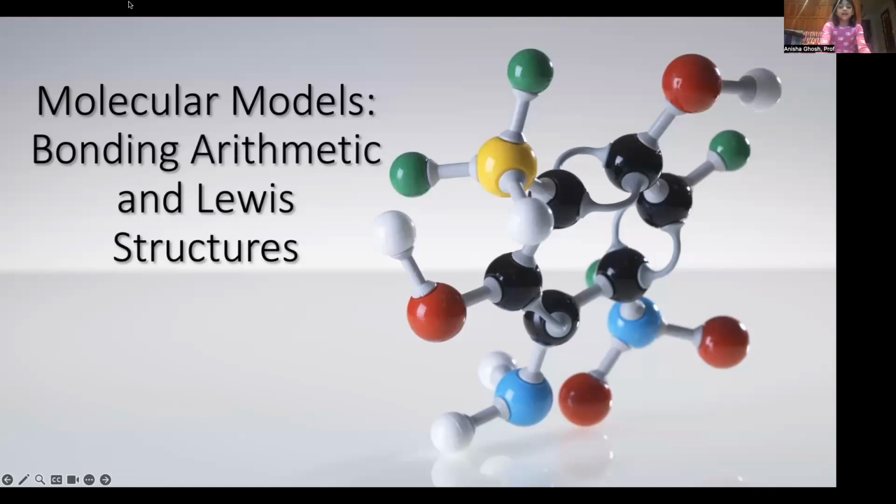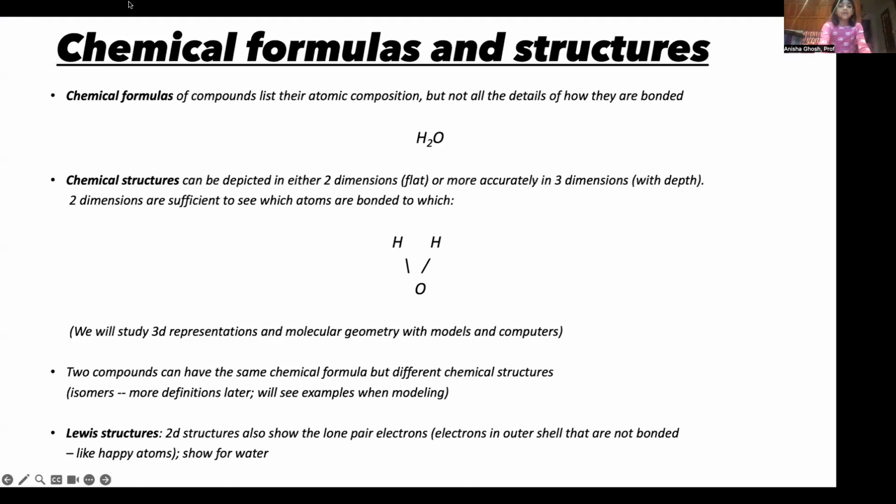This included molecular modeling. We did this in different ways, and we showed that three-dimensional representations of molecular models are much more accurate and provide more detail than two-dimensional representations.